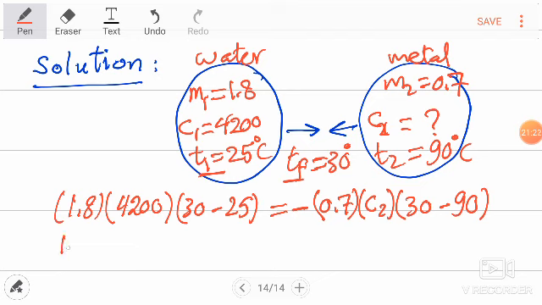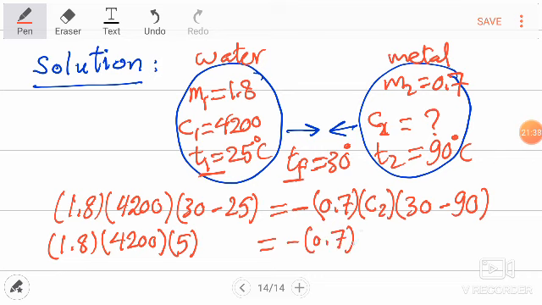So 1.8 times 4,200 times 5, the change in temperature, equals minus 0.7 C2 times minus 60.